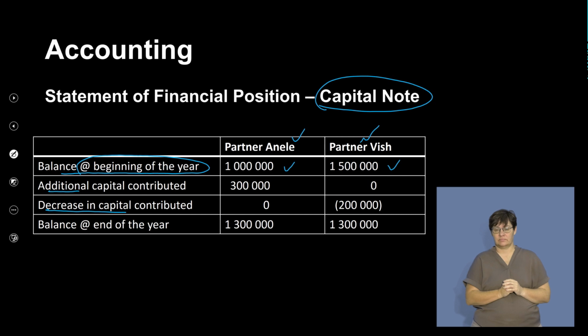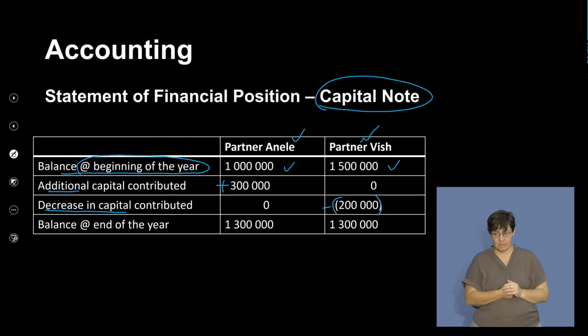Looking at the example, Anele contributed an additional 300,000, while partner Vish decreased his contribution, hence the brackets to show that capital is now decreasing. He decreased his capital by 200,000. So as you can see, this is reflected in the note.